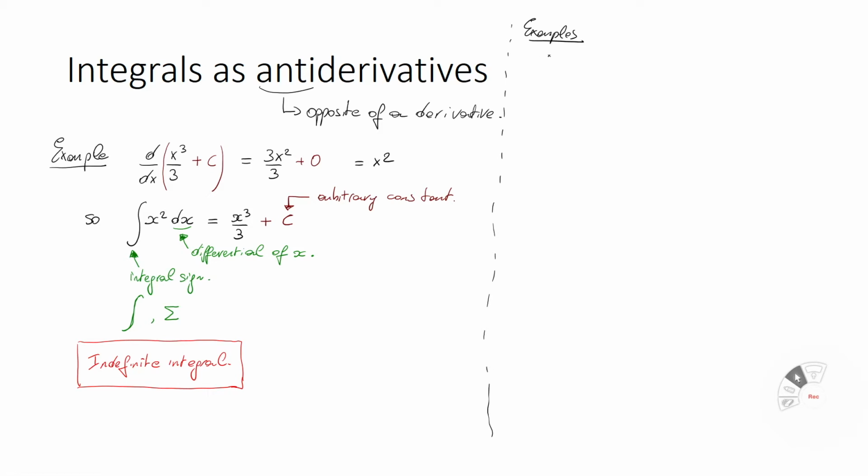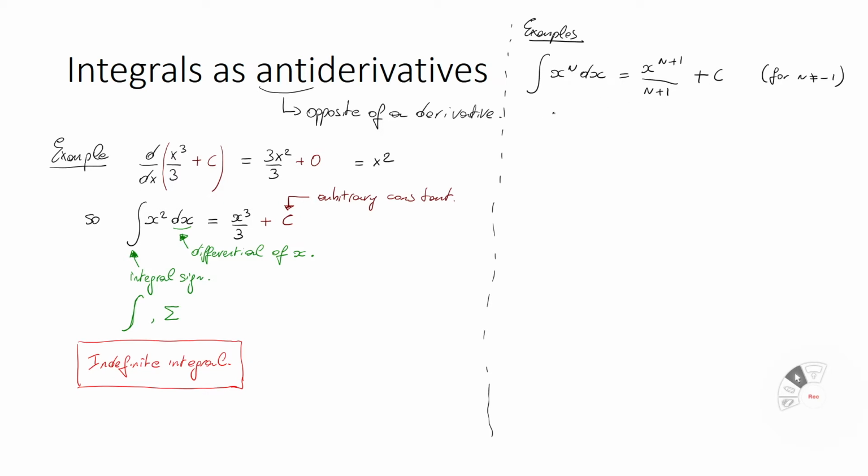So we know that we can derive that the integral of x to the power n is equal to x to the power n plus 1 divided by n plus 1 plus, again, an arbitrary constant. And this holds for n different from minus 1.